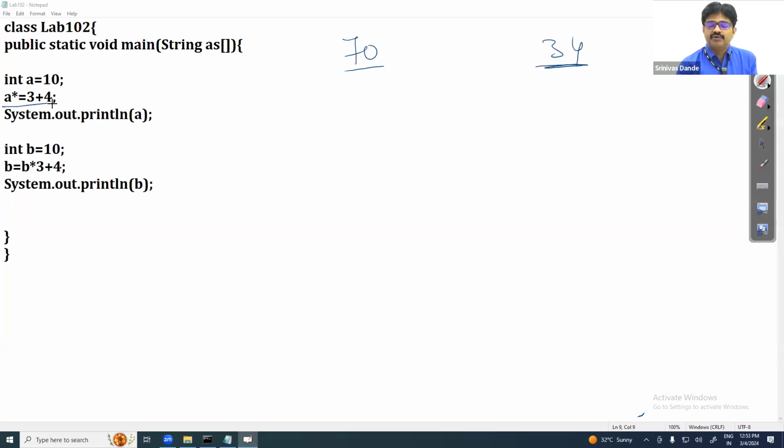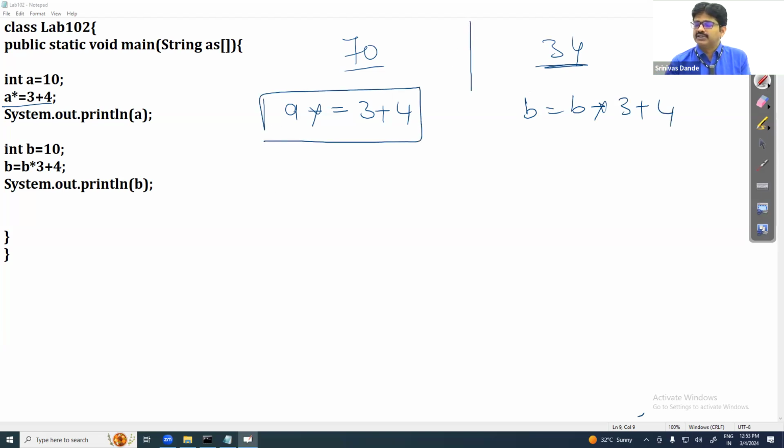In this first expression I am writing a star equals 3 plus 4. This expression is b equals b star 3 plus 4. Now first we'll talk about the first example. In this expression, tell me how many operators are used.